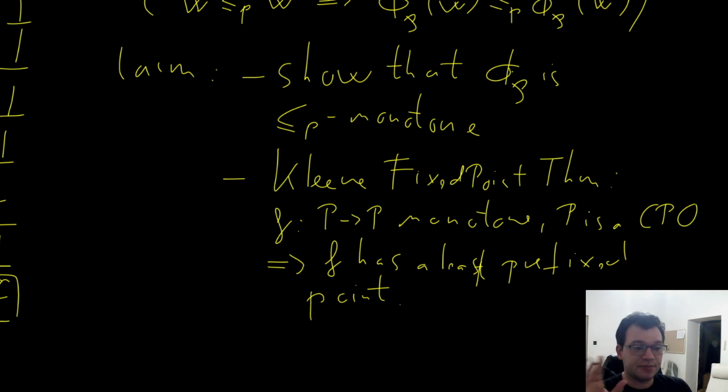Now there is some clash here, because phi p is monotone with respect to the precision ordering, and we want to end up with a prefixed point of phi according to the truth ordering, but we will solve this as well. But not in this video.